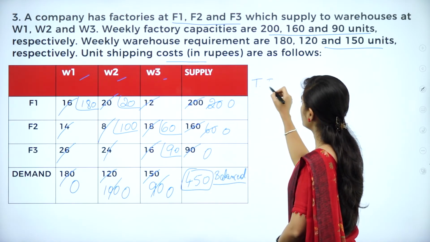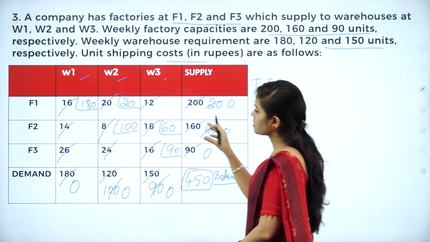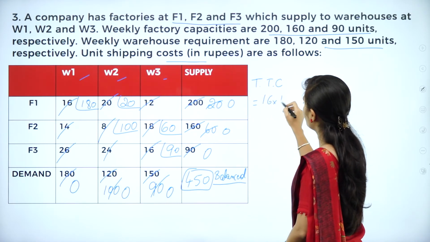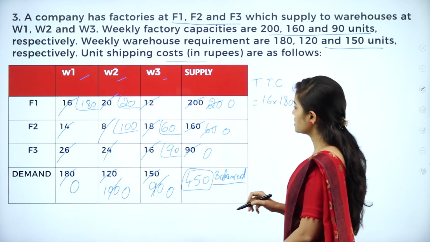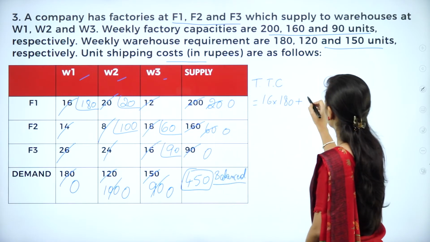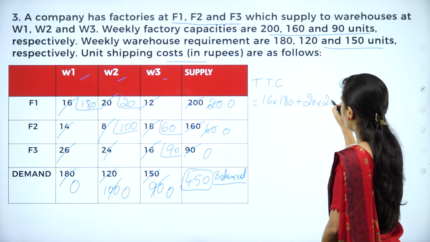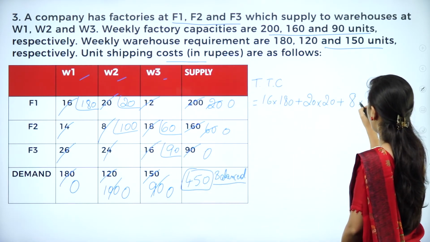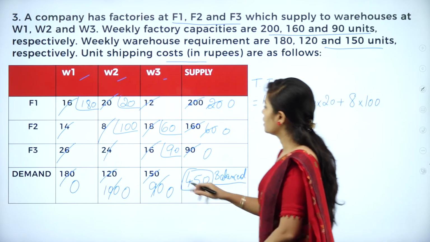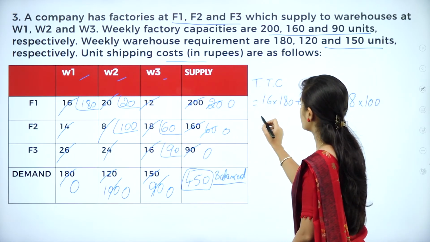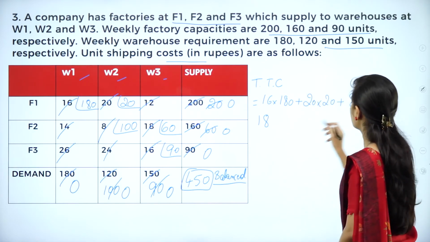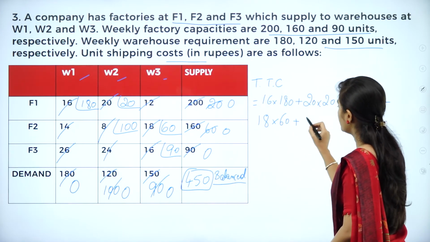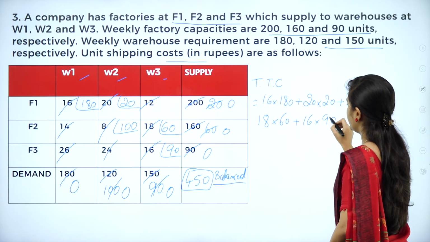Total transportation cost is equal to, just consider all the allocated cells: 16 into 180 plus 20 into 20 plus 8 into 100 plus 18 into 60, and the last variable is 16 into 90.